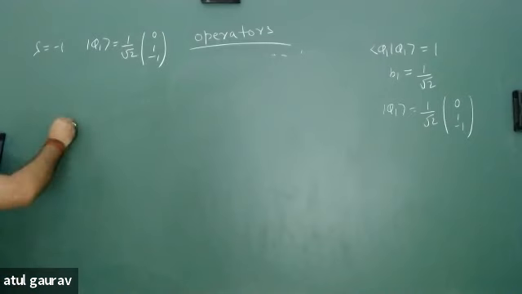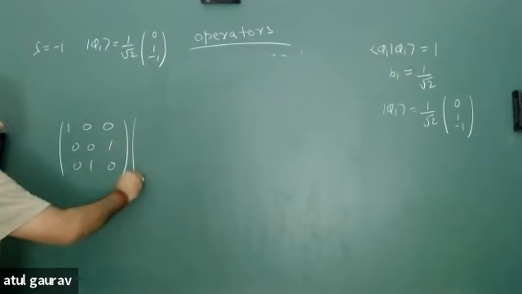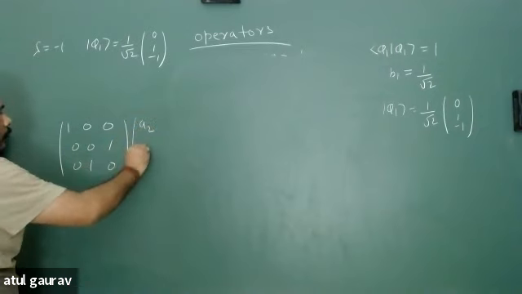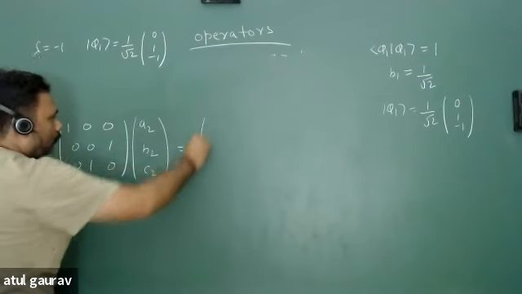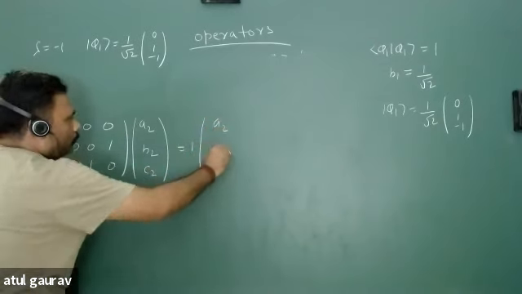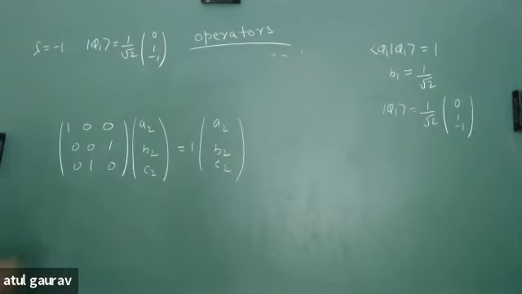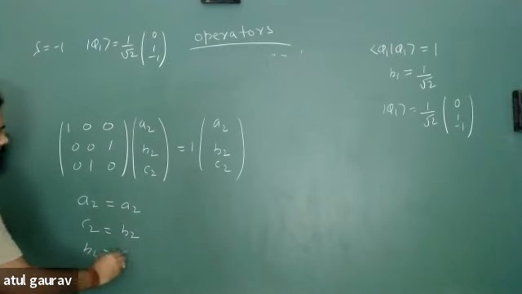So we have the matrix 1 0 0, 0 0 1, 0 1 0, and let's say phi 2 is (a2, b2, c2), and this must be equal to (a2, b2, c2). Now from here you can write a2 is equal to a2 and c2 is equal to b2, or b2 is equal to c2.